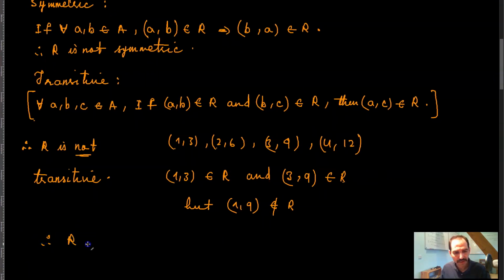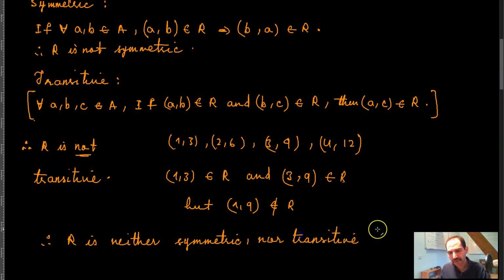Therefore R is neither symmetric nor transitive nor reflexive. Right, so that is basically part 1 of question number 1.